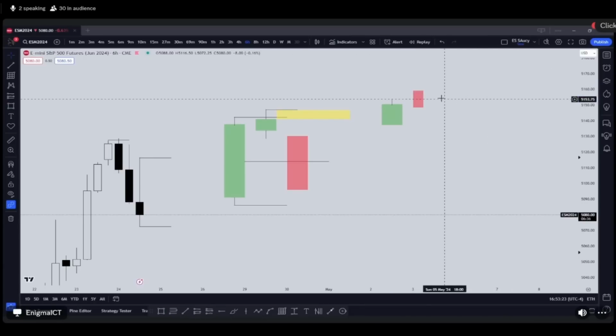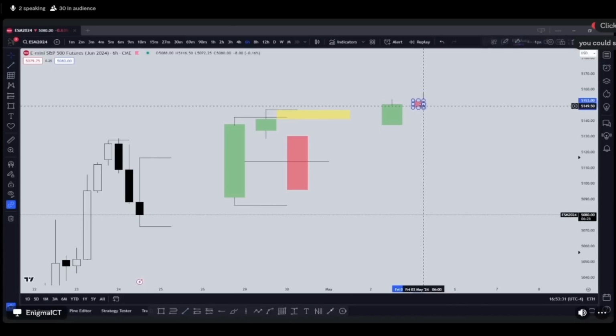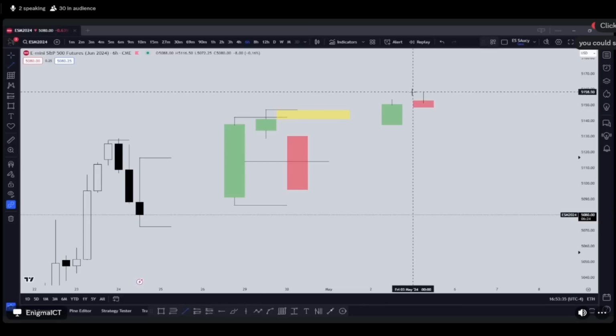Maybe on the 5-minute or the 15-minute. This is what I wanna see on the lower time frame as well. And I want this to close below it as well.